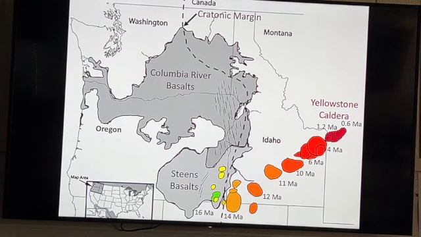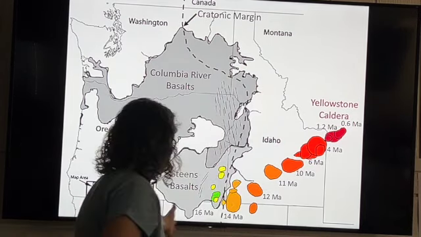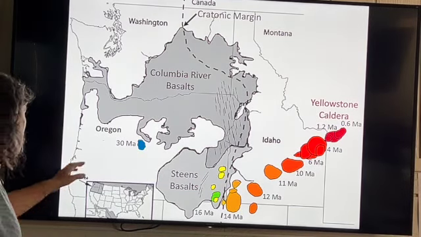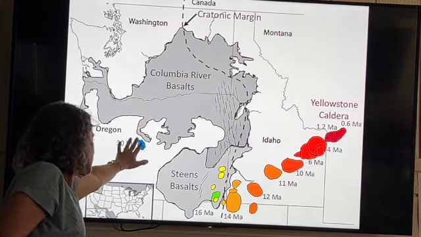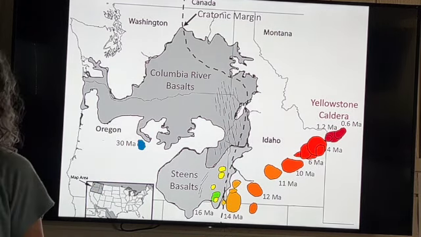All right, so just the last couple slides, we looked at these highly explosive calderas going across from southeastern Oregon, across Idaho to Yellowstone. But there are also, this is another caldera, and there are others here, in the central Oregon region.